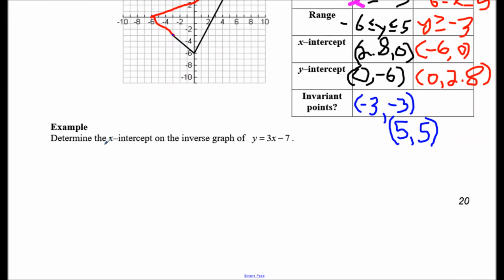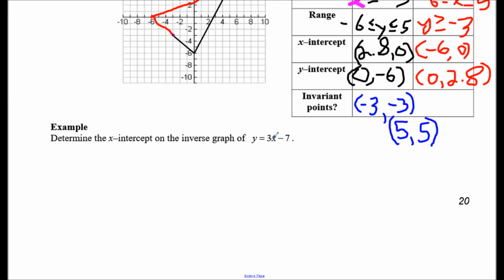All right, determine the x-intercept of the inverse of this graph. Now, there are 2 ways to do this. I will teach you how to find the inverse of that equation. Or you can be cheap and easy and say, well, wait a second. The x-intercept of the inverse will be the y-intercept of the original.